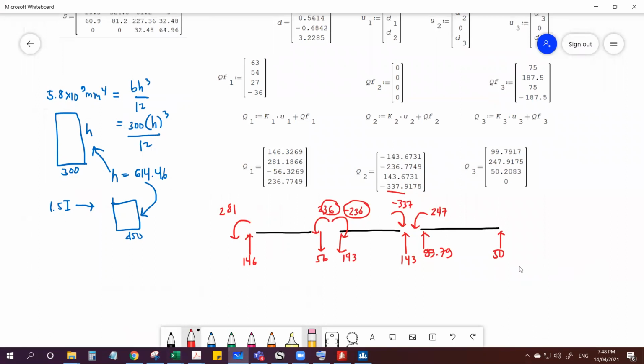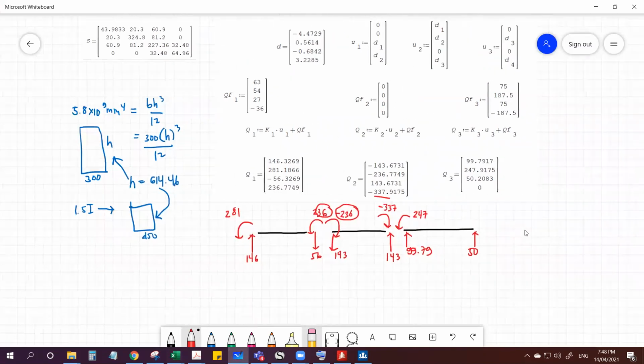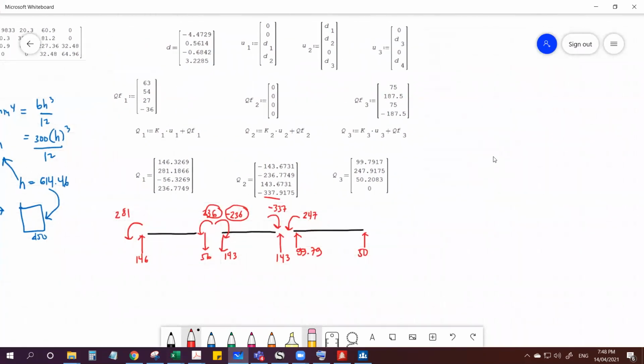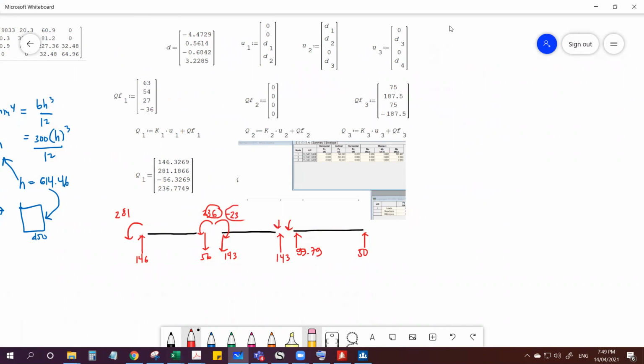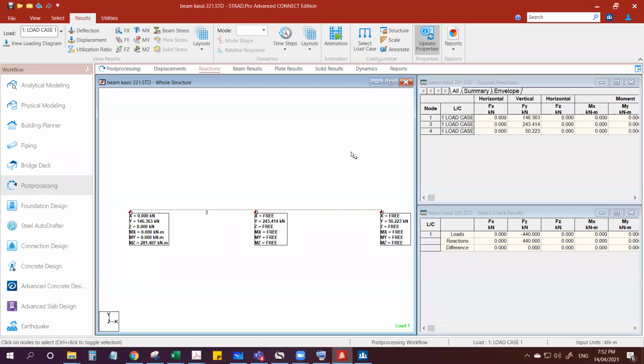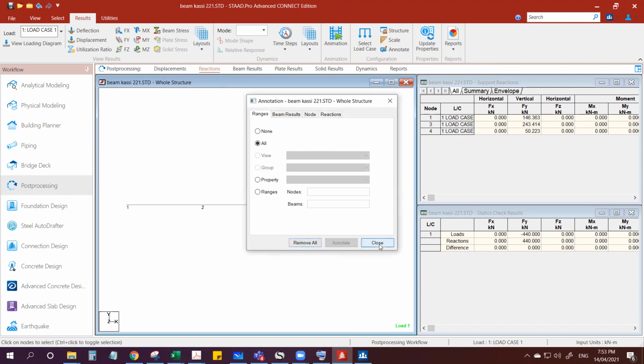Put in here, and I paste this. So again, if you want to see the nodes only, under the post-processing reactions, click on annotate and then remove all.